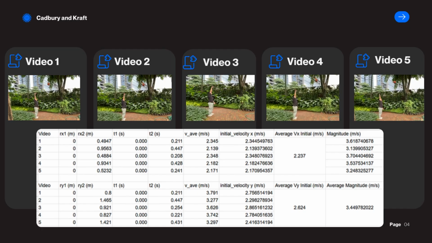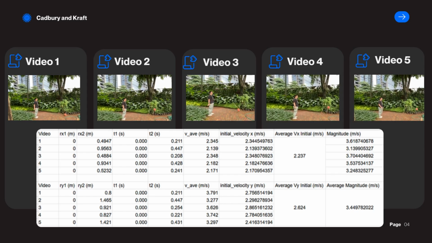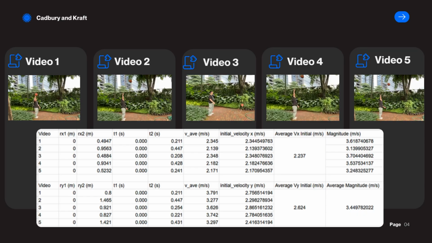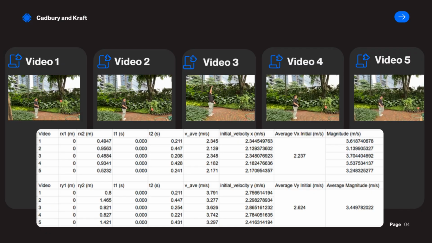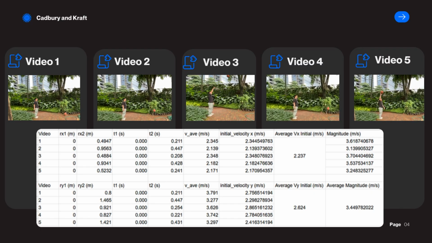Hence, from the 5 separate videos, we have measured and calculated the time using the previous equations. We've gathered the following initial velocities for the 5 different videos, ranging from 2.17 meters per second to 2.34 meters per second for the horizontal velocity, and from 2.416 up until 2.885 for the vertical initial velocities.